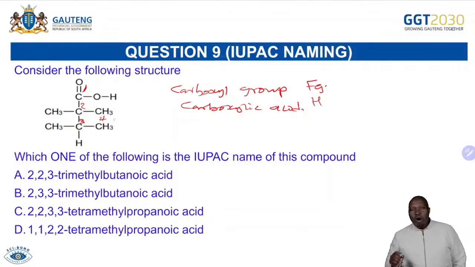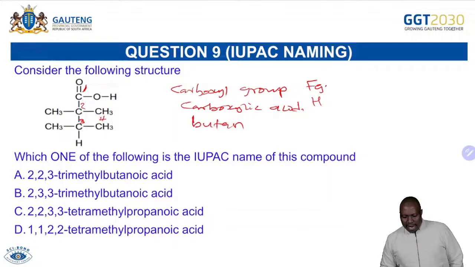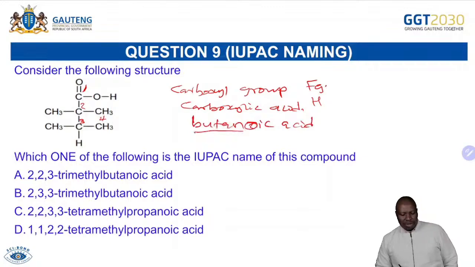And you know that 4 carbons is but. And then because it's a carboxylic acid, it's a butanoic acid. So you see the functional group is saying this is an oic acid. The parent is saying 4 carbons, hence we're having but there.